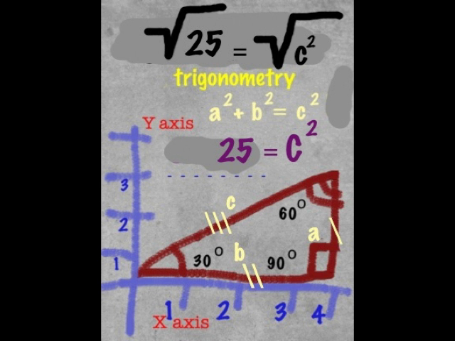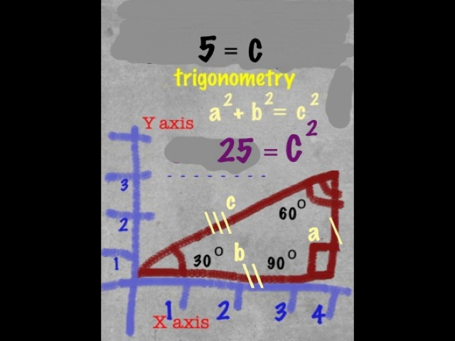That cancels out the 2 on the exponents. The square root of 25 is 5. The square root of c squared is c. Okay? So that's our answer. The hypotenuse, represented with 3 strikes on the length of the beam there, is 5 units long.